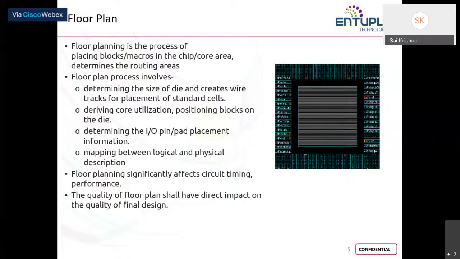The work you do in estimating your plot and margin is nothing but your floor plan, and then setting up a temporary power mesh or some power source is what you do under power plan.